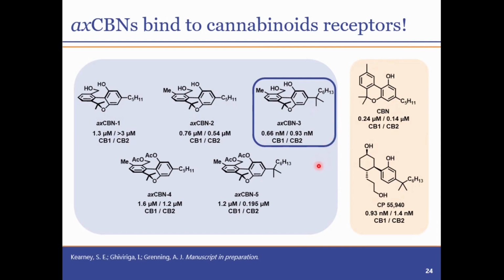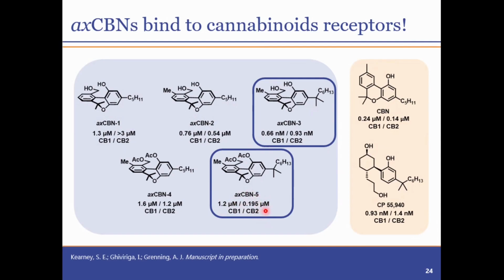additional experiments. And then the other very interesting result to us is that if you take these diols and you acylate them to yield axCBN5, you go from sub-nanomolar activity to now what you have is greater than 1 micromolar activity at CB1, but very low micromolar at CB2.